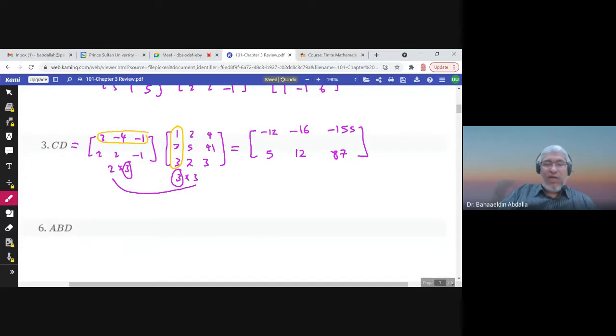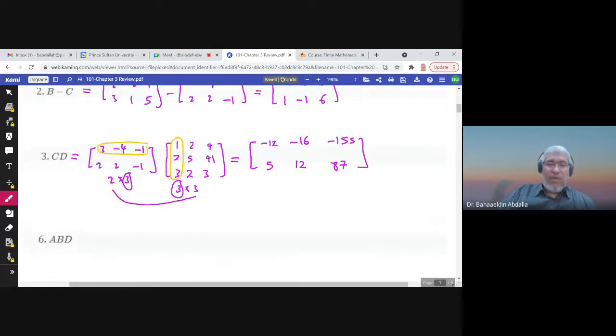Now to find A times B times D, we can find AB first.